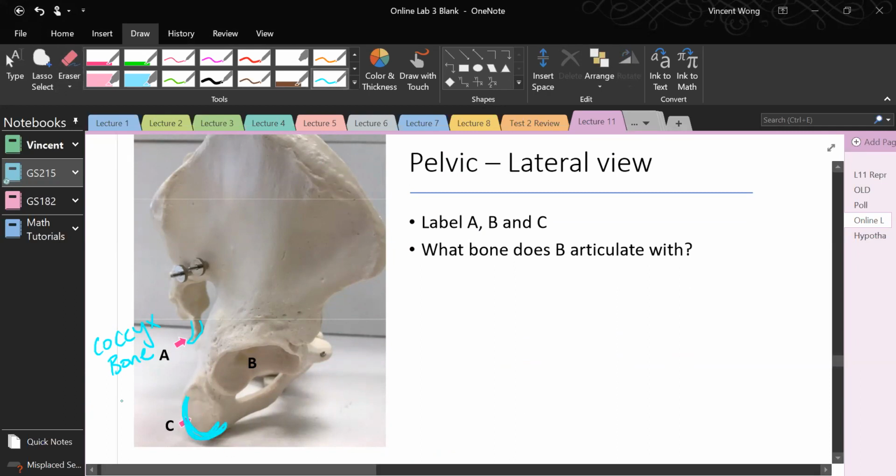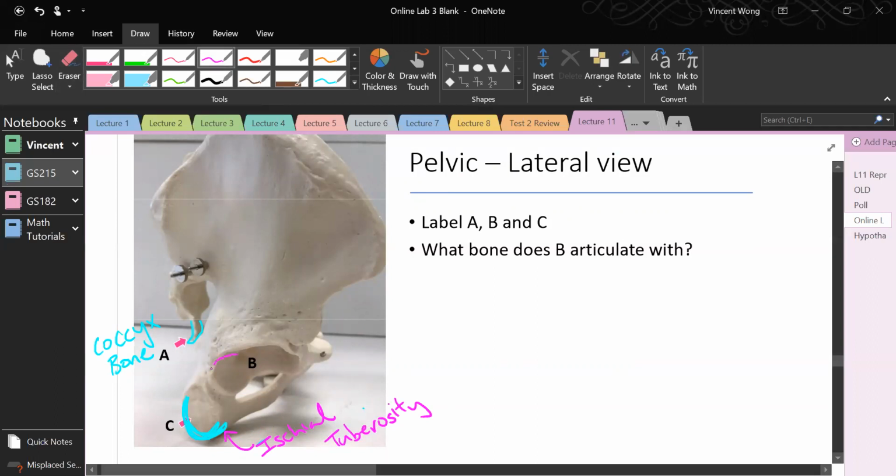This particular arch is called the ischiotuberosity. All these is in your notes, right? By the way, we learned about it. Just so you know, that's hard to see. Let me go back to pink. Ischiotuberosity.